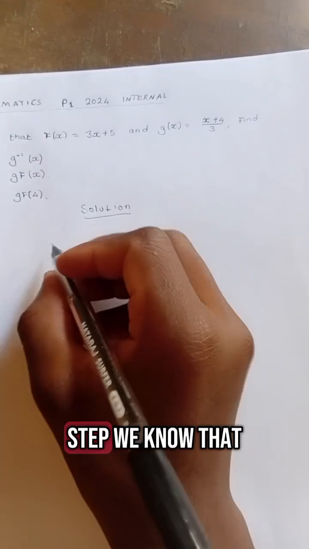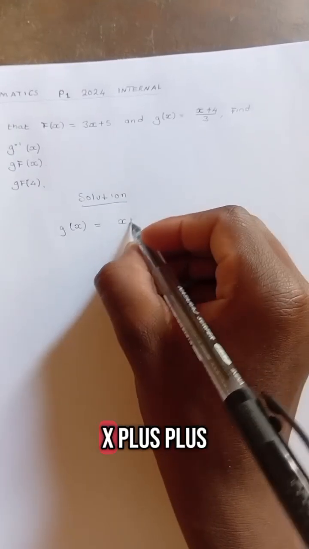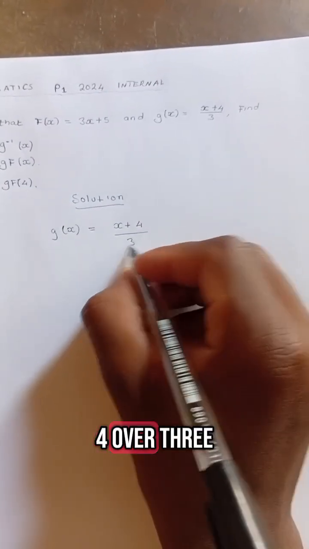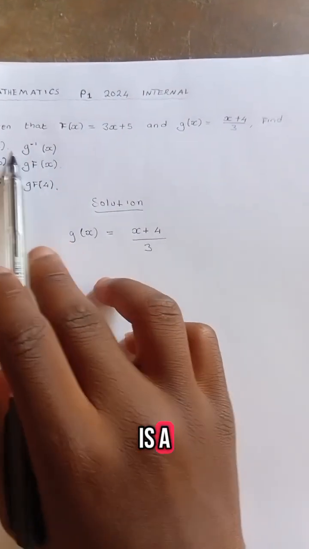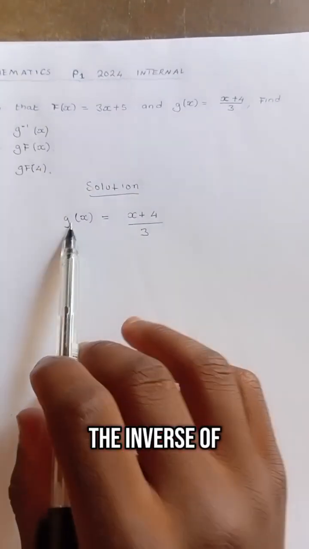So our first step, we know that g of x is equal to x plus 4 over 3. As I said, to find the inverse, which is g inverse of x, we are finding the inverse of g of x.